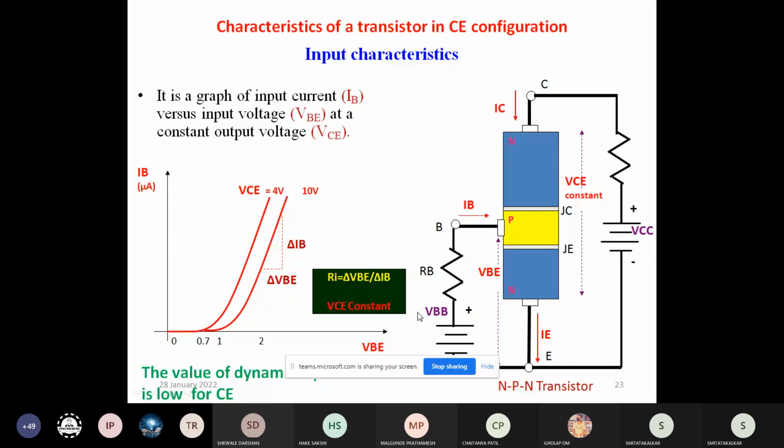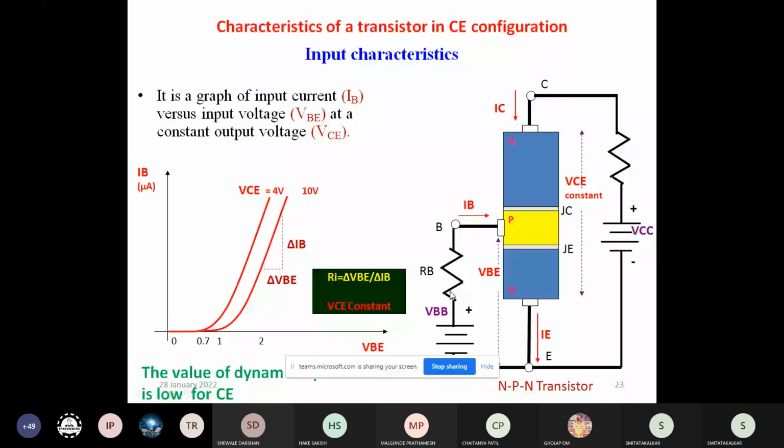If the input voltage VBB increases, that is, the emitter base voltage increases, the current also increases, because the base resistance RB is very low.